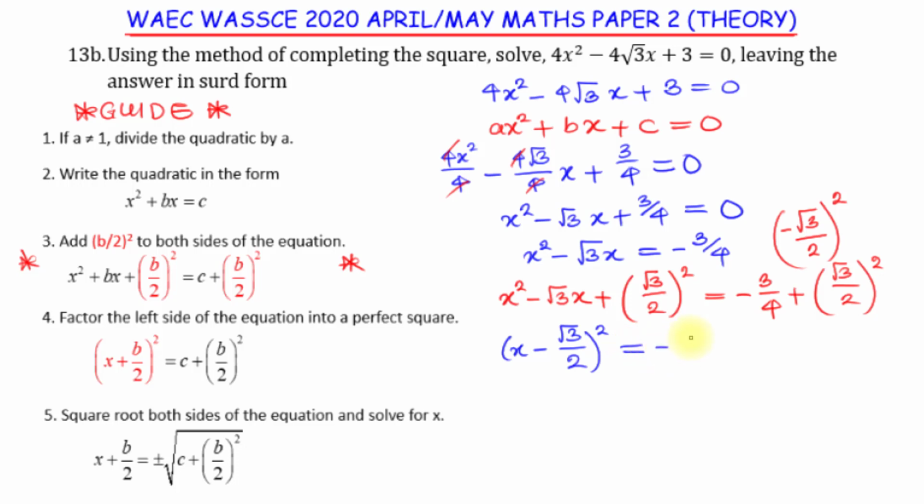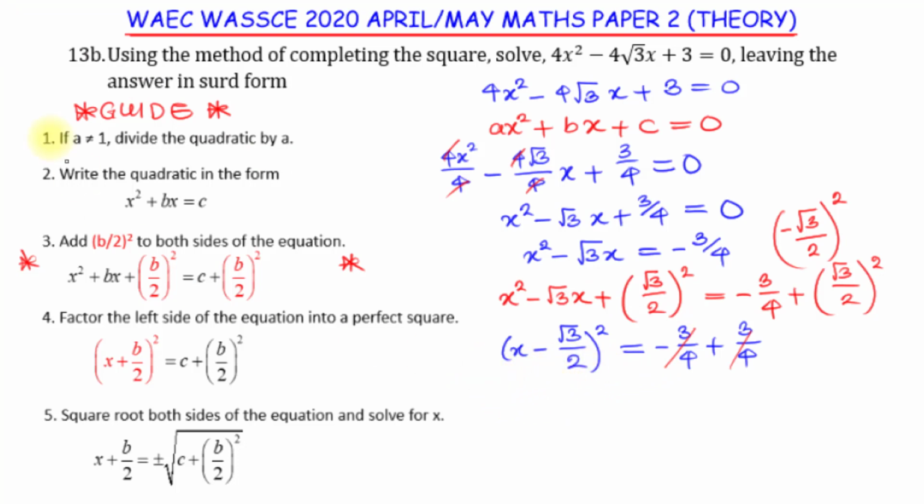This is equal to minus 3 over 4 plus, now root 3 raised to power 2 is 3, then 2 raised to power 2 is 4. Interestingly, on the right hand side, minus 3 over 4 plus 3 over 4 amounts to 0, but I want to show you this because this is originally what you have, and I know this is where students generally make mistakes.